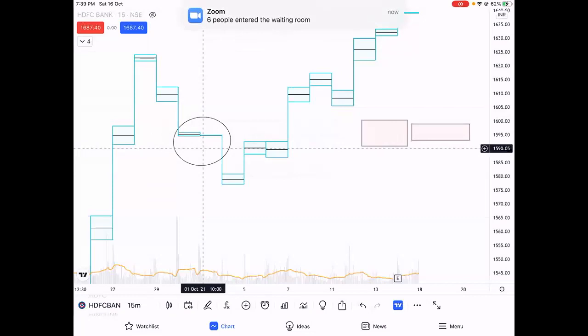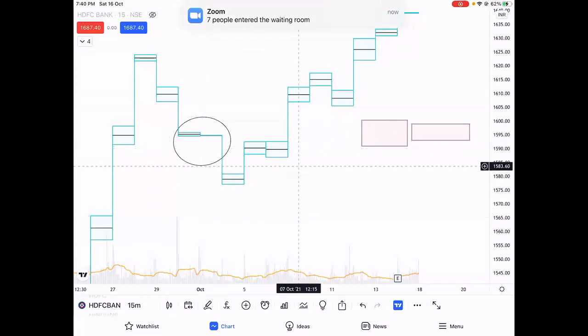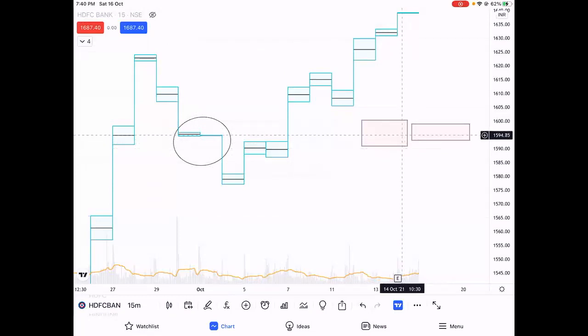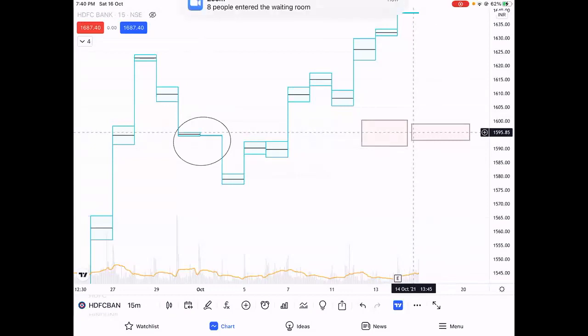Correct? So what will overlapping CPR indicate to you? Second, what will inside value CPR indicate to you? Technically, this scenario, the inside value CPR, is telling you that the current day range is within the previous day's CPR range.